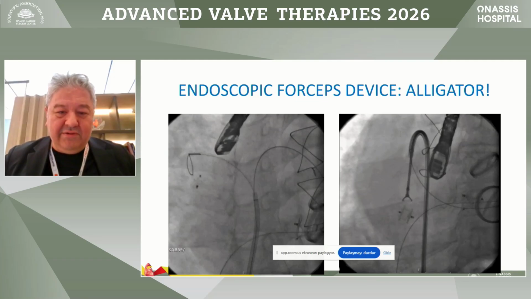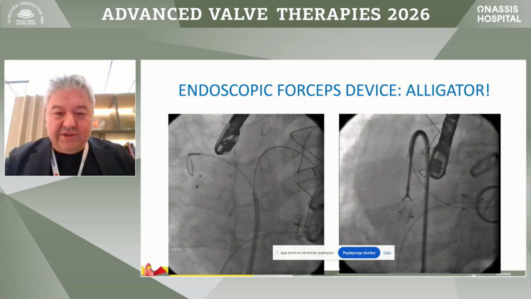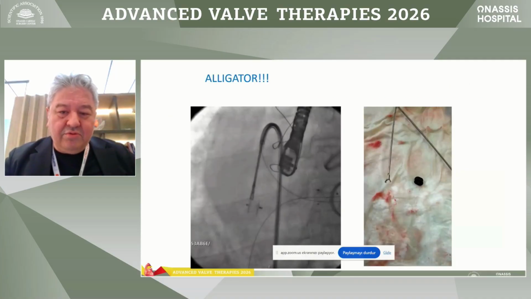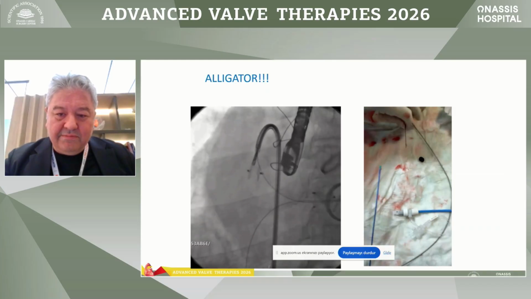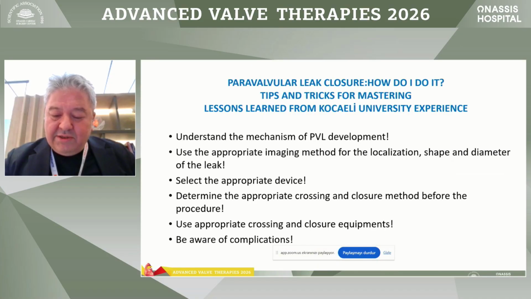It's called an alligator, and it's very useful. First we touch the device in order not to harm the left atrial wall, then catch the device. I use this important device every time, as you see. Other devices like Ernö devices are developed, but very expensive, as you know.